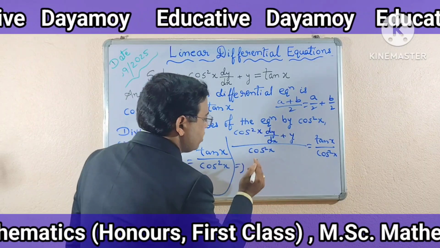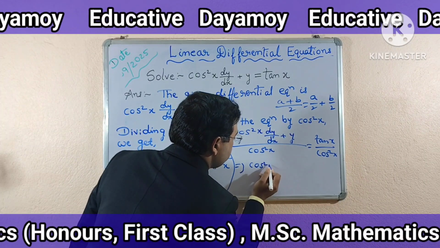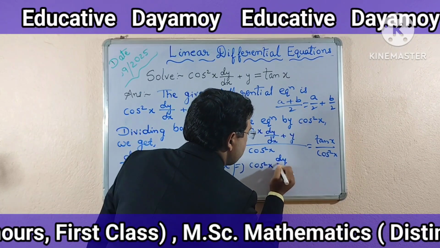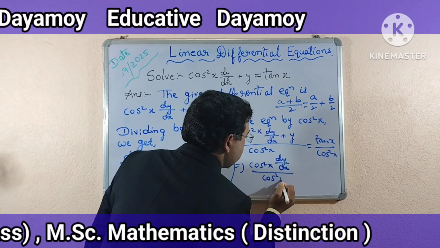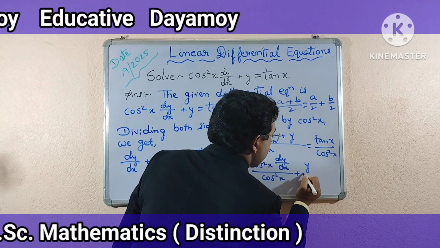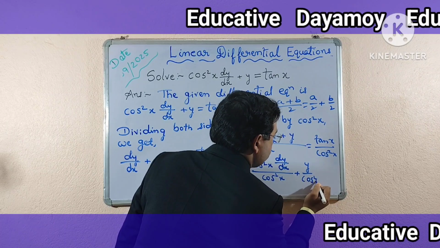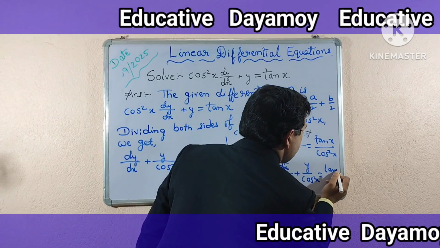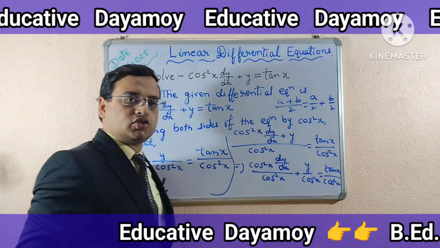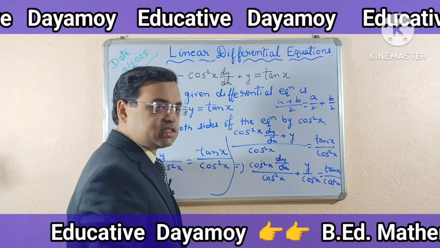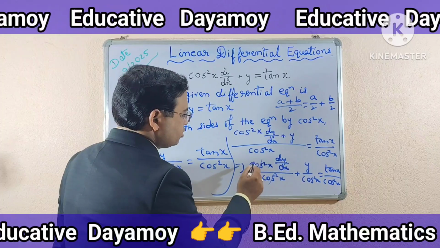What will it be now? Cos square x dy by dx by cos square x plus y by cos square x equals tan x by cos square x. Understood? Now this cos square x gets cancelled, this cos square x, one cos square x.